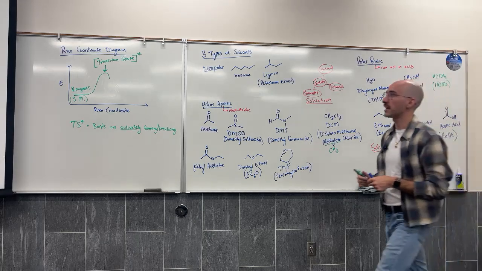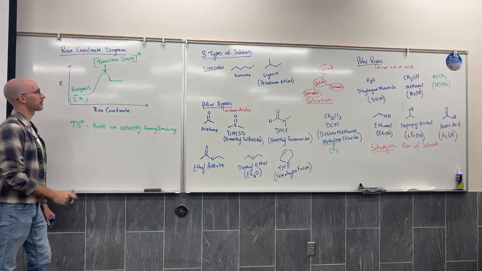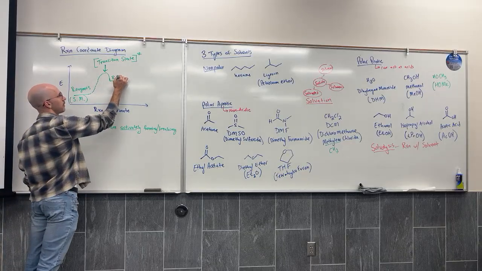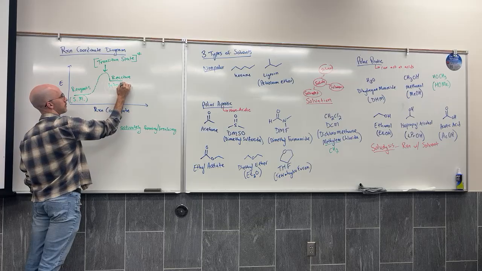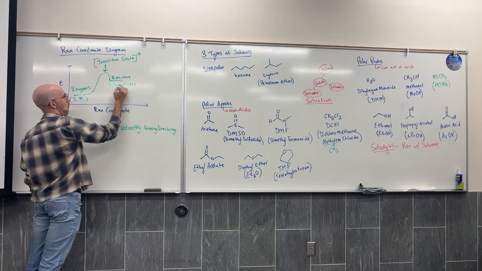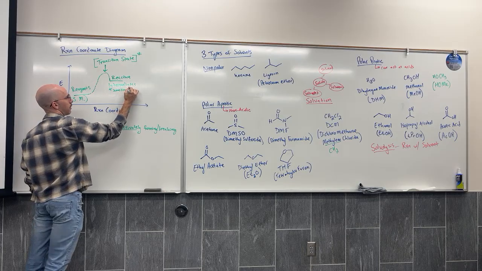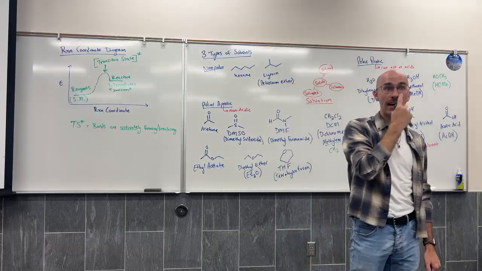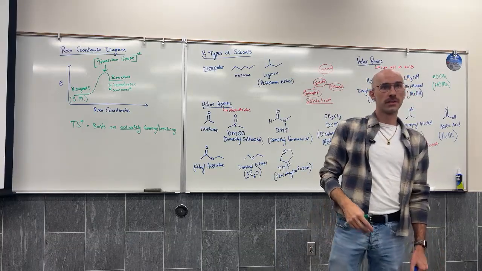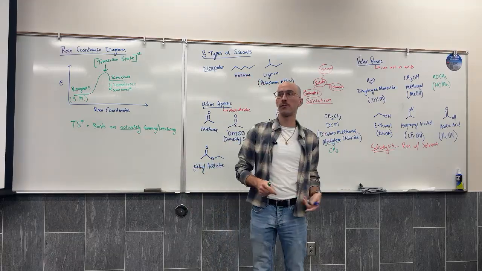After a transition state, after some change is made, then we get to our reactive intermediates. I'm going to say sometimes, because not all reactions have intermediates. In some reactions, it's just one step. Starting material becomes products.